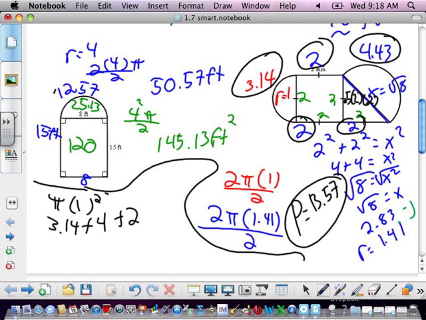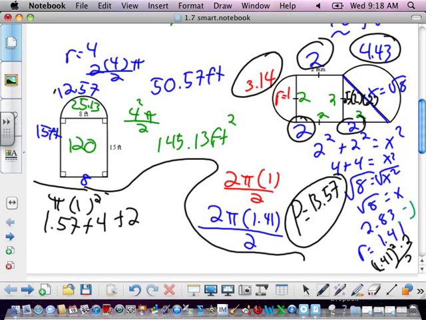And then I've got 1.41 as my radius. So I'm going to do 1.41 squared times pi. That's what I forgot over here. I have to divide this by 2. 3.14 divided by 2. Why do I have to do that? It's only half a circle.